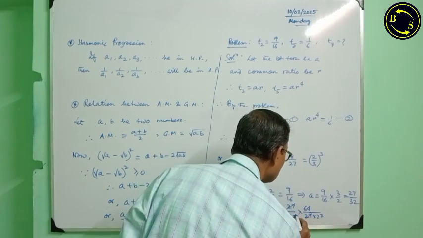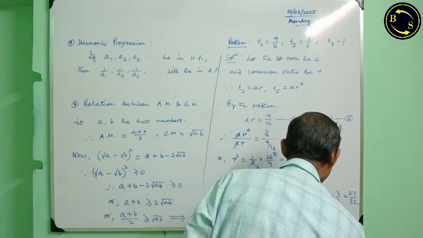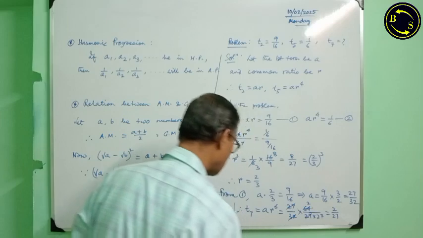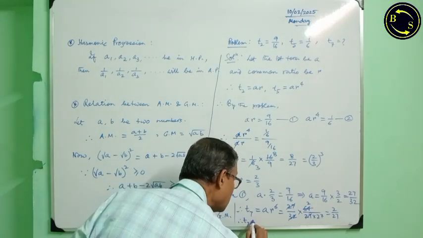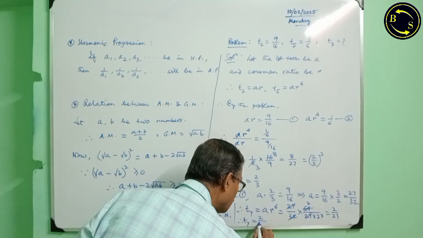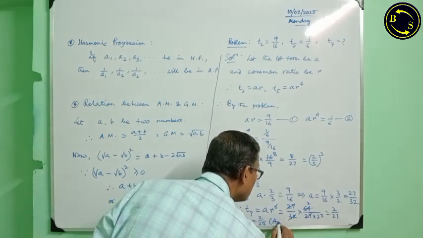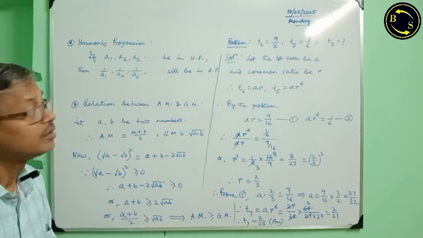Now you see, therefore T7 equals 2 by 27. Seventh term is 2 by 27.